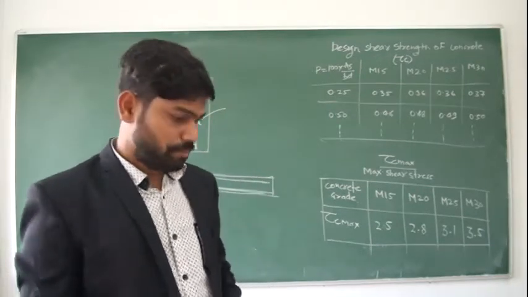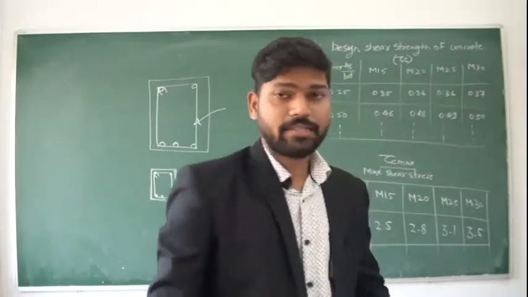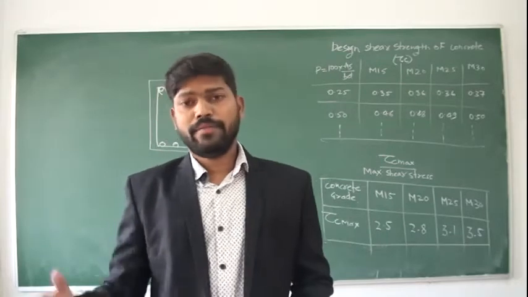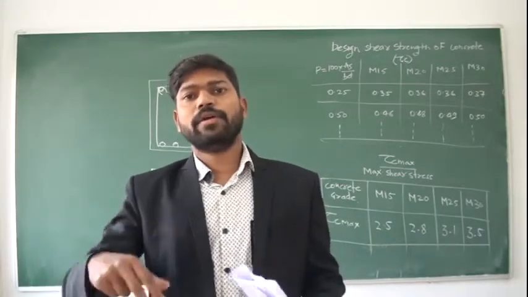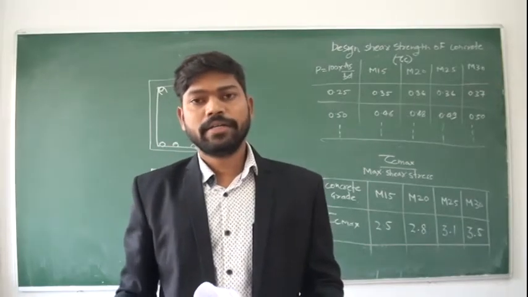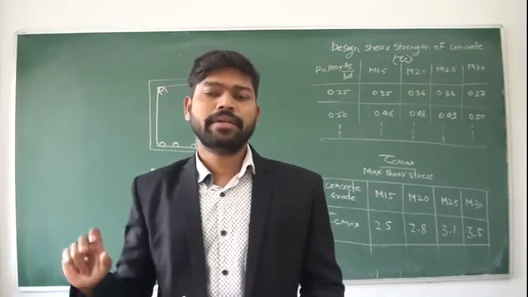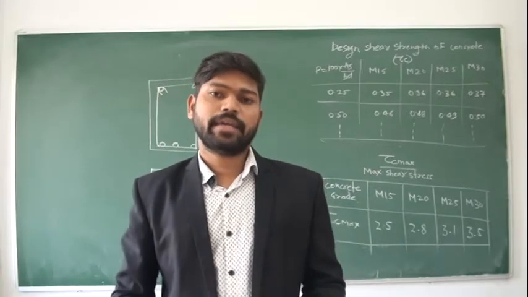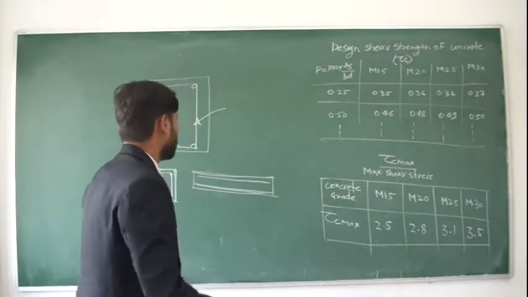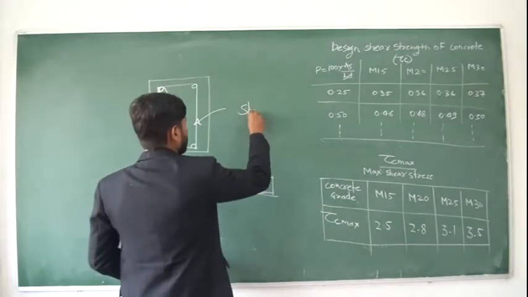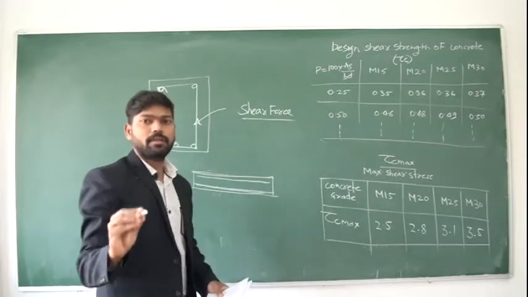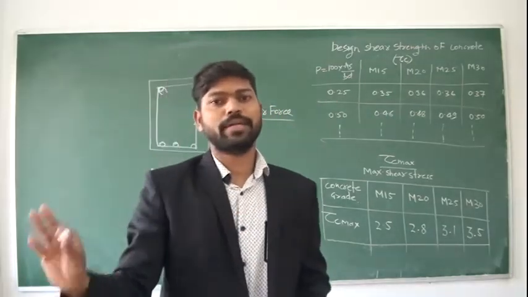Now see, as we have seen in the singly reinforced section, when there is bending moment there will be compression at the top and tension at the bottom for sagging moment. The compression part will be taken care of by the concrete and the tension part will be taken care of by the steel. Similarly, every beam is subjected to shear force as well as bending moment.